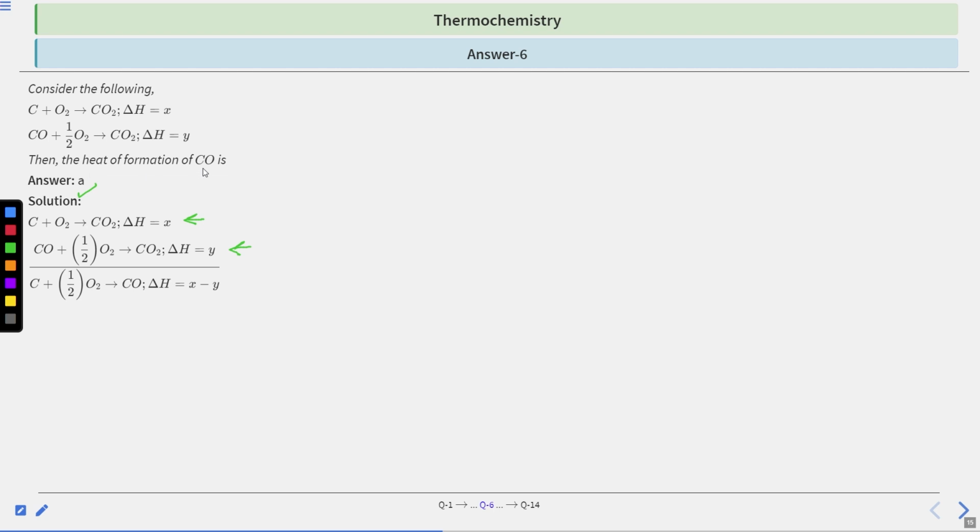On combining or rearranging these two equations to get the heat of formation of CO, CO should be on the product side. So we have to make sure that the CO present in the second reaction comes on the product side.